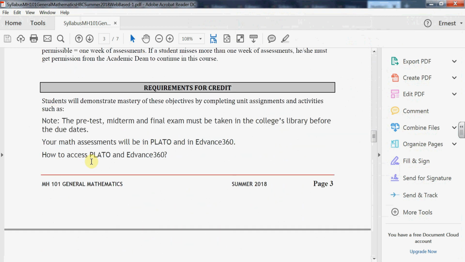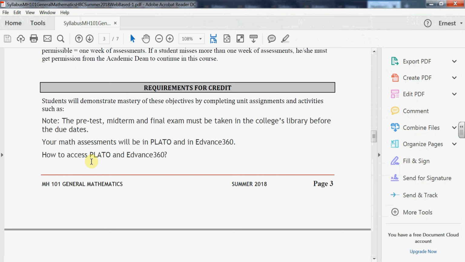Now, when you take the pretest, the midterm, and the final exam, you must go to the library on campus, and you can go before the due dates. The due dates will be listed in the syllabus. All the assessments in Plato you can take at home. The pretest, the midterm and the final exam are in Advanced 360.